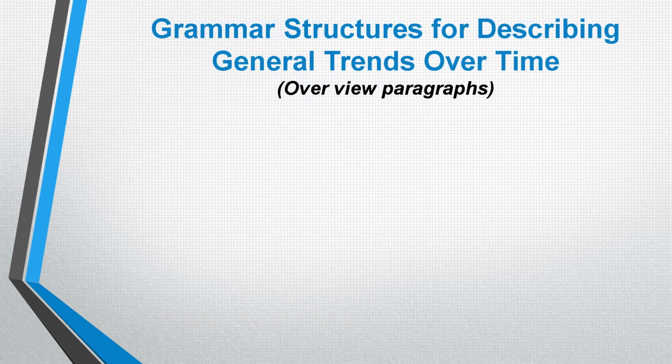Now that we've gone through a list of different adjectives, nouns, verbs, and adverbs, we need to look at the actual grammatical structures that we can put them into. So first we're going to look at grammar structures for describing general trends over time, and these will be for our overview paragraphs. So the first way to describe a general trend over time is this way: there plus verb to be plus adjective plus noun plus in plus a noun phrase.